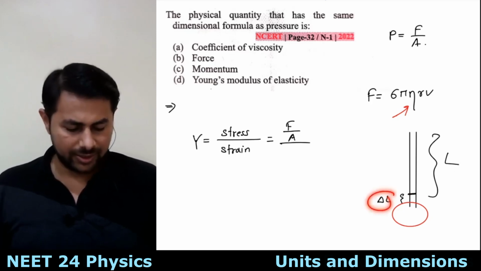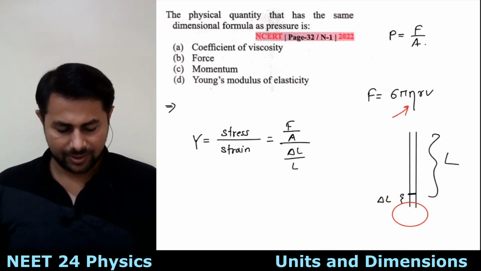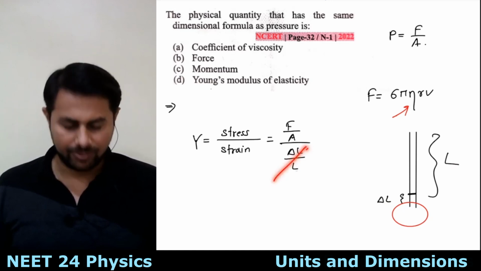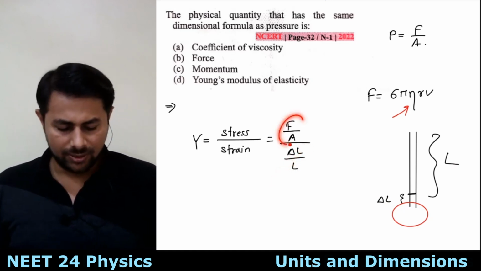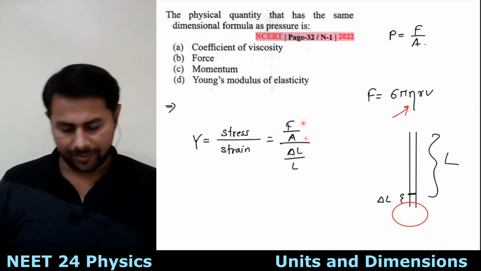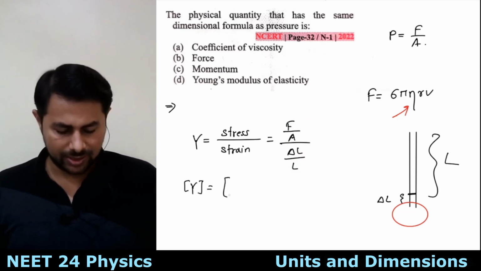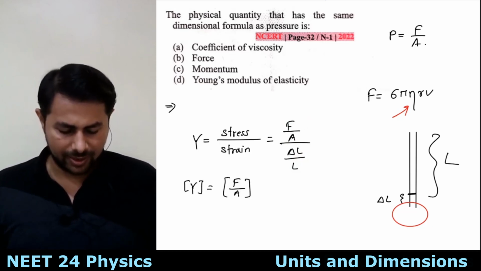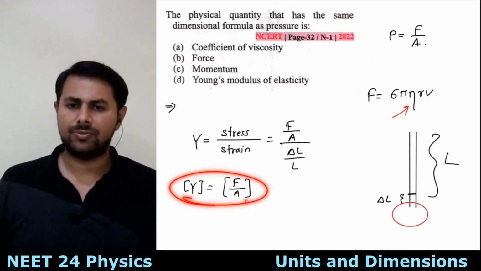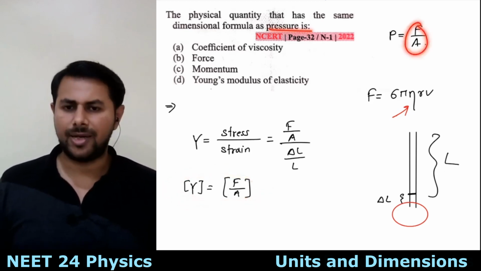So strain is delta L by L. It has no unit because the unit of length and length will get cancelled out. So the unit of this thing is the same as that of force by area. So unit wise, you can say the dimensions of Young's modulus are the same as the dimensions of force by area, that is, the dimensions of pressure, because pressure is force by area.